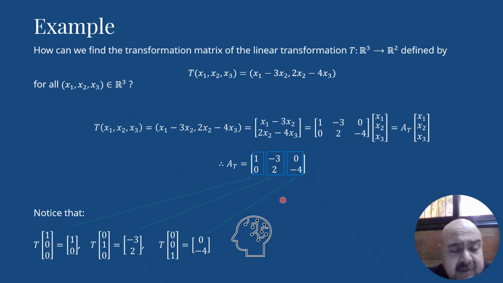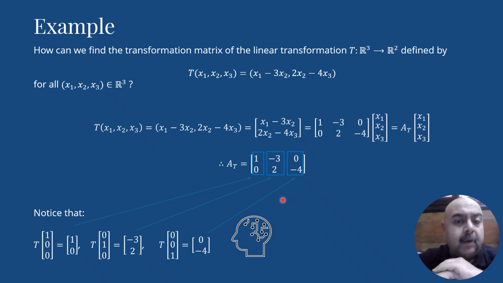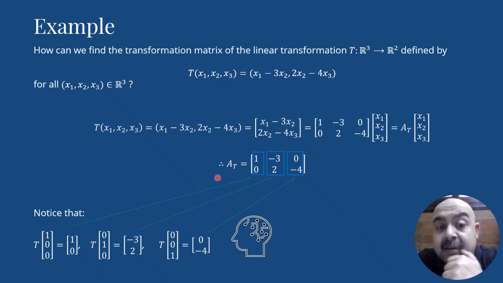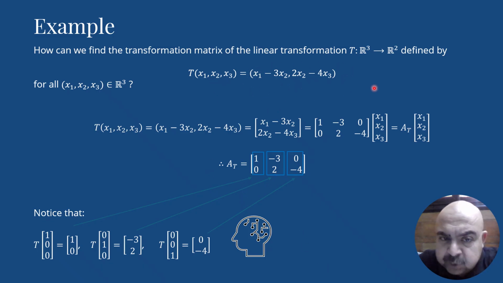So it's very obvious that we can get the linear transformation matrix, as we said, in more than one way: either by using the columns of the unit matrix 1 0 0, 0 1 0, 0 0 1 of the input dimension and getting the columns one by one, or by writing the transformation if it was given to you, with both components, completing the missing terms by taking into consideration that their coefficients are equal to 0.